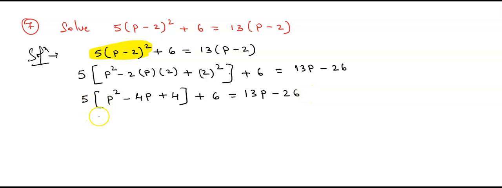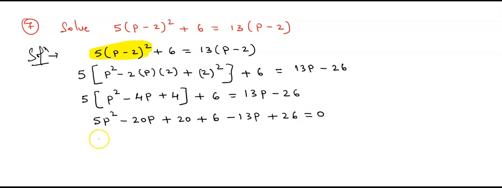Now multiply 5 into p square, 5p square, plus into minus minus, 5 4s are 20p plus 5 4s are 20. Now we can take this plus 6, bring plus 13 this side, so it becomes minus 13p, minus 26 comes this side, it becomes plus 26, that is equals to 0. Then what is left out? 5p square minus 20p minus 13p.